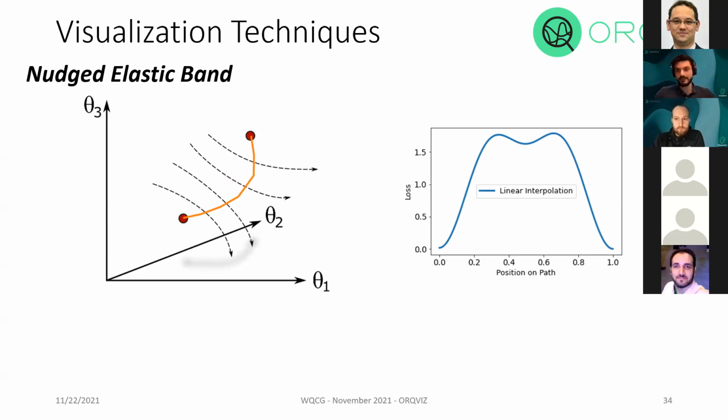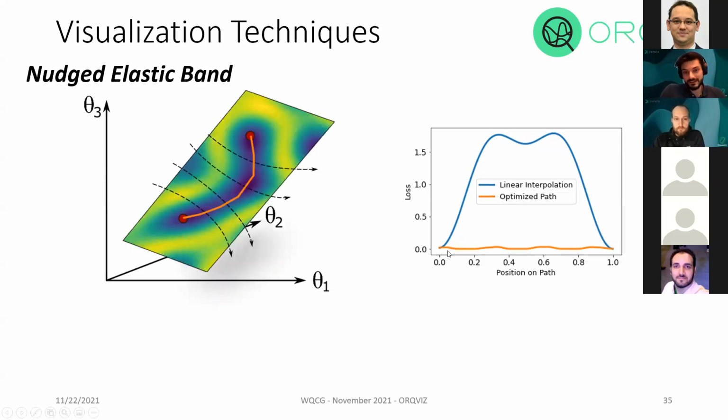You let it relax in the loss field, and then you actually observe not only that your loss is super low, and these minima were in fact connected by low loss, but you can then apply a PCA scan on this path.